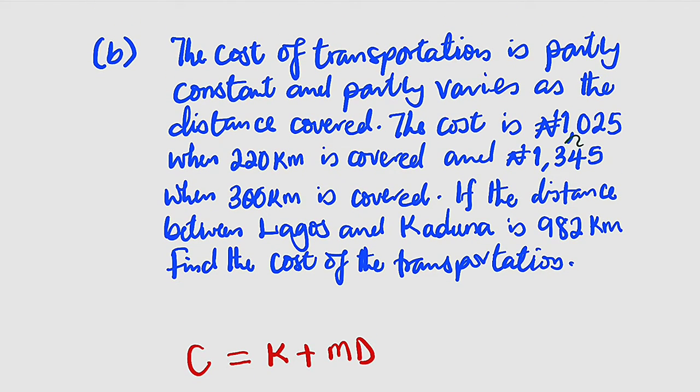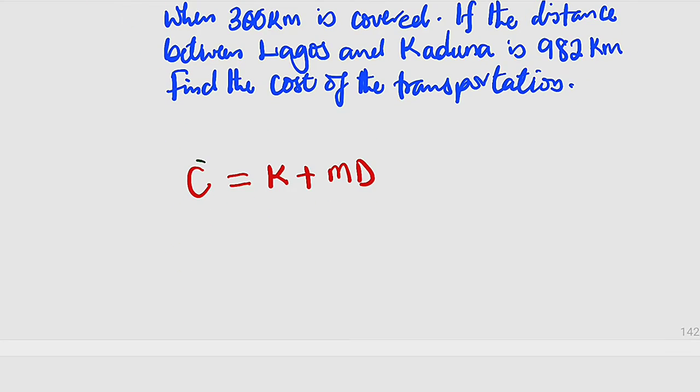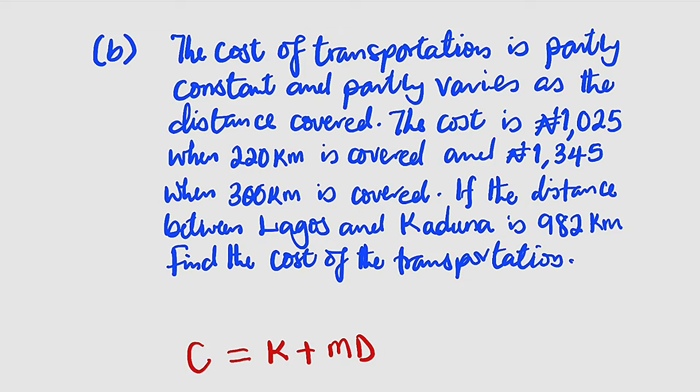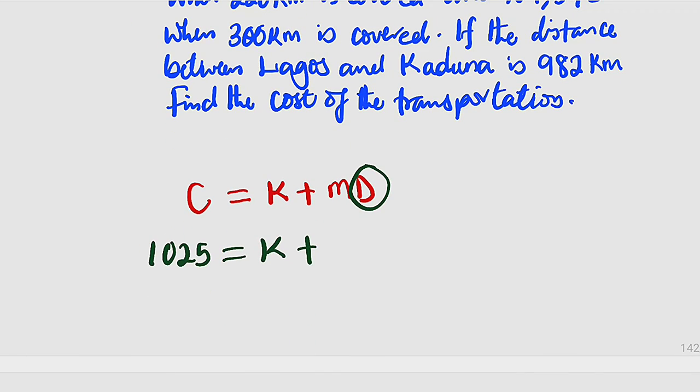The first one is when the cost is 1,025. So for C, 1,025 equals K, remaining there, plus the distance covered, which is 220 kilometers. So D is 220. You multiply by M, and you have 220M, our first equation.